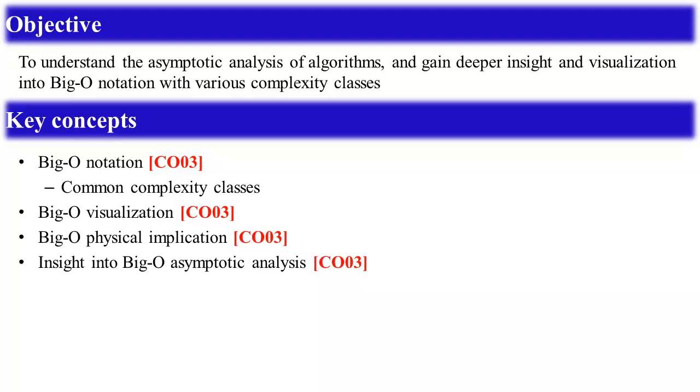Then we'll have a visualization of the big O with the physical implication, with trial experimental results to corroborate the interpretation of big O with the theoretical formulation. We'll try to get some insight into the big O asymptotic analysis through this lecture.